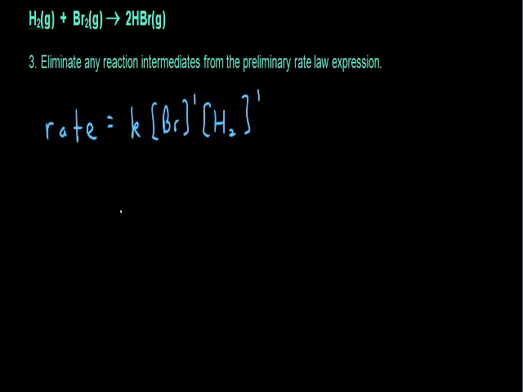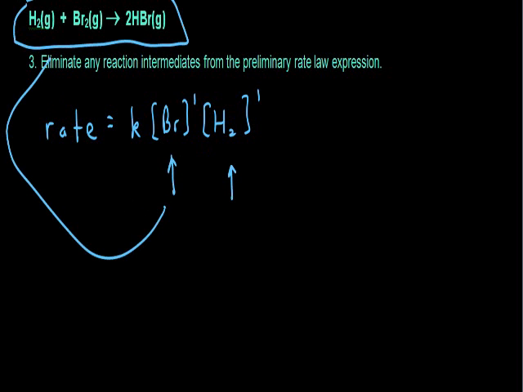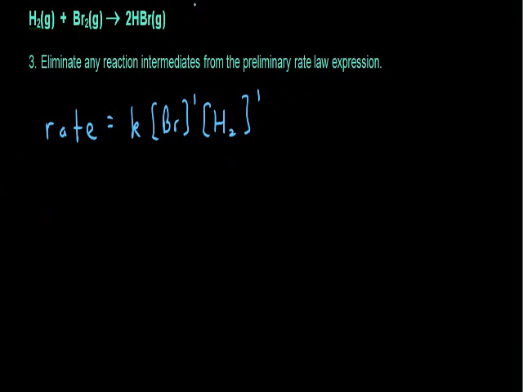To identify reaction intermediates, we need to look at the balanced equation and see if we have anything that appears in our preliminary rate law expression that is a chemical that does not actually appear in our final balanced equation for this particular reaction. Examining our preliminary rate law, we can see that the H2 does appear in our overall balanced equation for the final reaction.